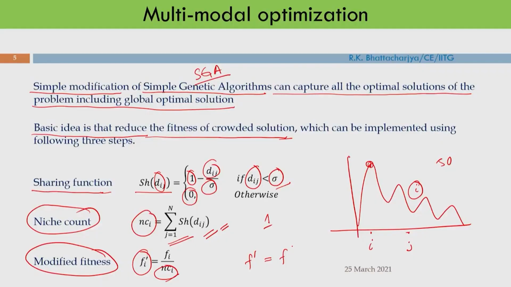If it is a crowded solution, I reduce the fitness value. Eventually, when this solution goes to the selection operator, it will not be selected, because you have reduced the fitness of the crowded solution.